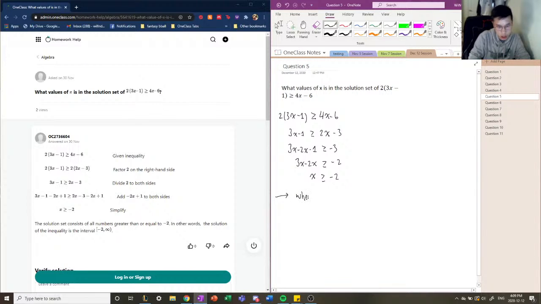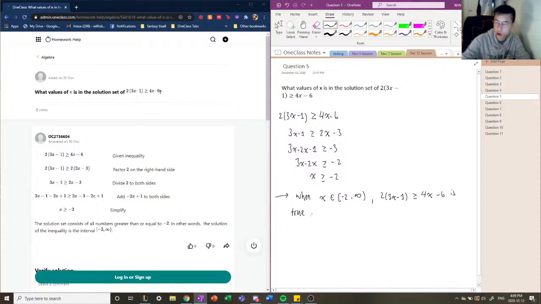When x belongs to the interval of negative 2 and infinity, 2 times 3x minus 1 is greater than or equal to 4x minus 6 is true.